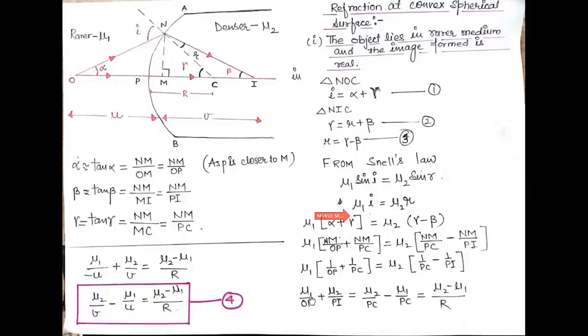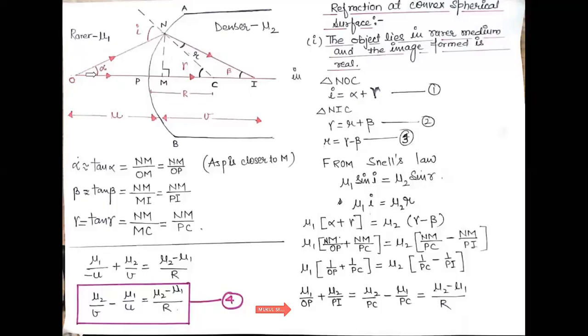Ultimately, you will get mu1 upon minus u, as per the figure, or you can say you apply the sign convention here.